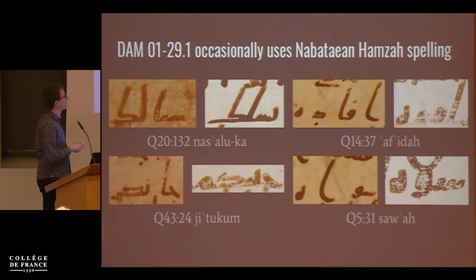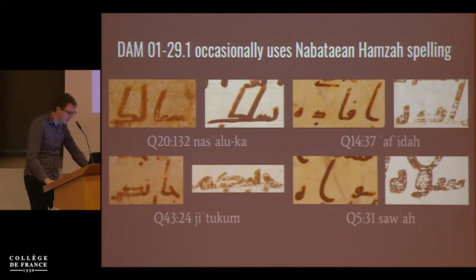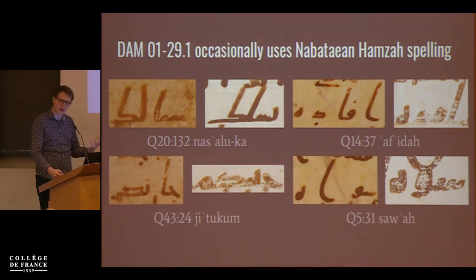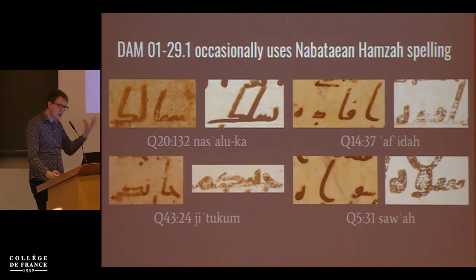Saw'a, Af'ida. Strange spellings, really surprising spellings. And it's all throughout this manuscript. You really find quite a bit of that. And besides just normal, more typical Islamic spelling, so this is really quite striking, to see both being used at the same time, but there's some traces of this in this manuscript.